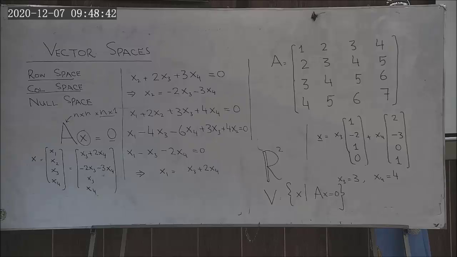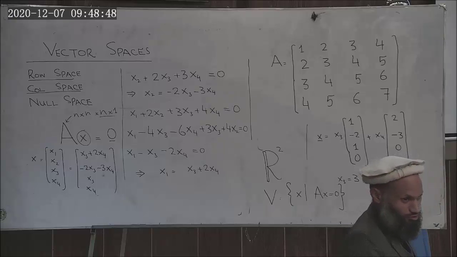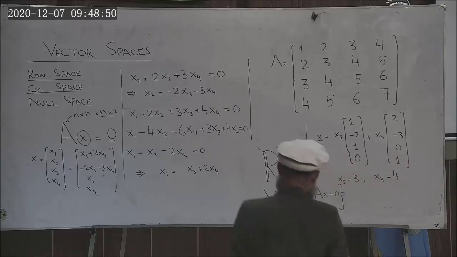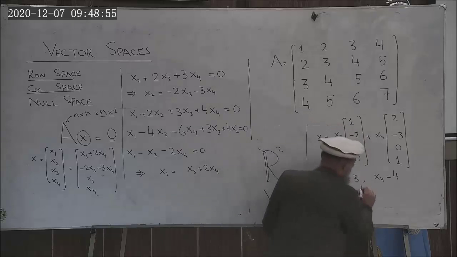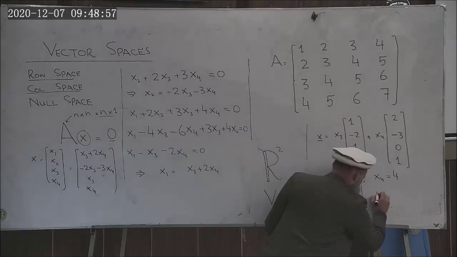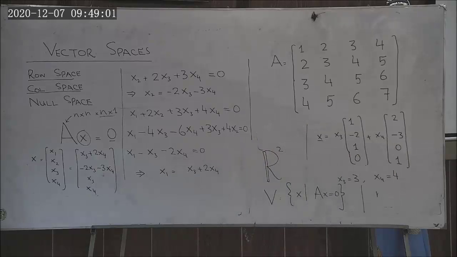So the dimension of the null space for this matrix is equal to 2, and that dimension is also called the nullity of a matrix. The dimension of the null space is nullity. Let me write it over here.